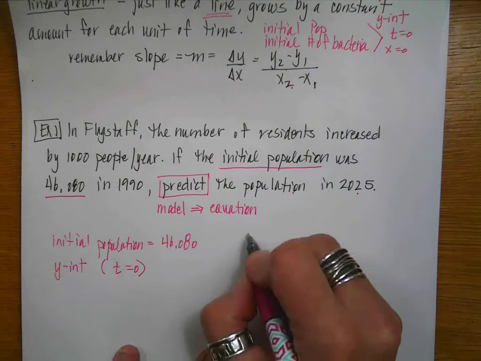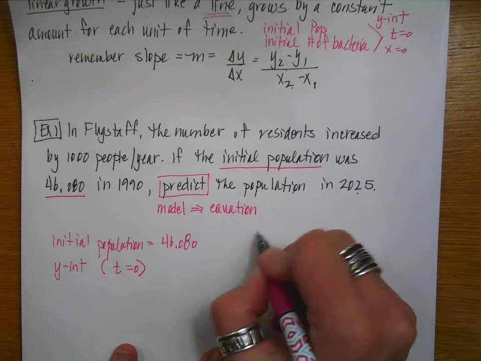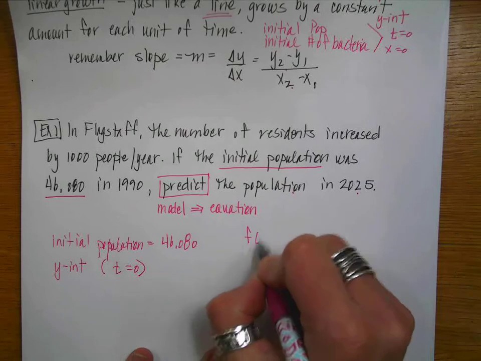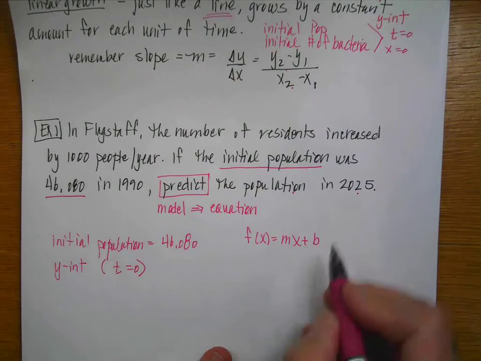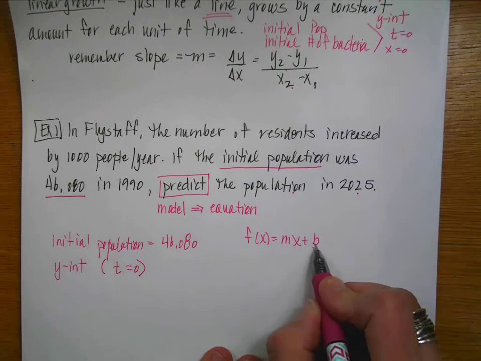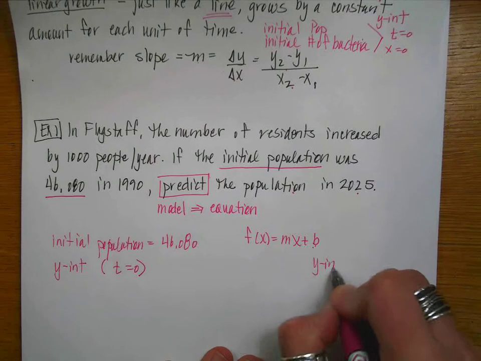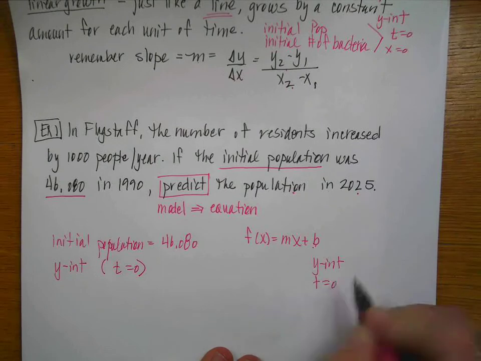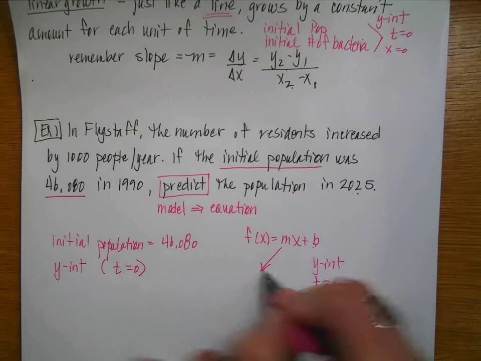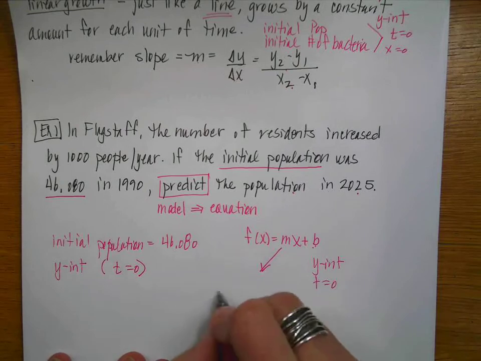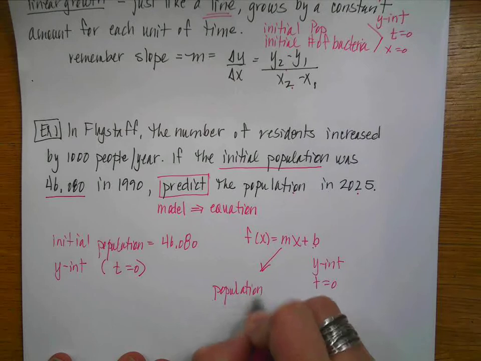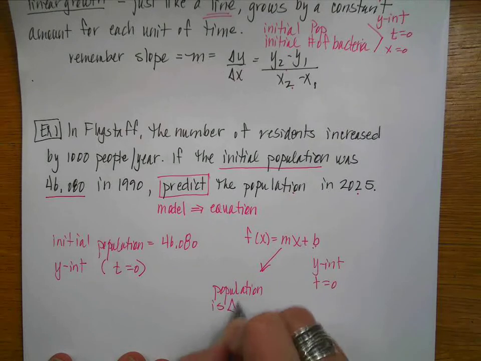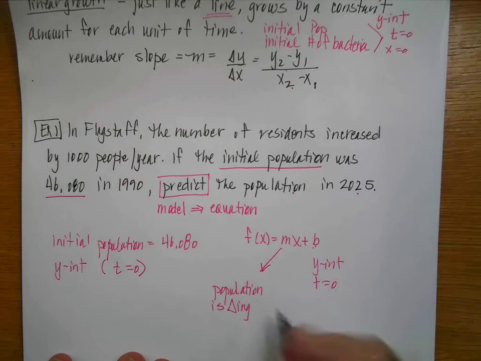So in previous maths, because this is linear, we would have said that f of x is equal to mx plus b. Well, in this particular situation, the b, and it's always the y-intercept, but that's when time is equal to 0, and this is going to be how much our population is changing by. So this is how much our population is changing. Remember, a triangle means change, changing by.